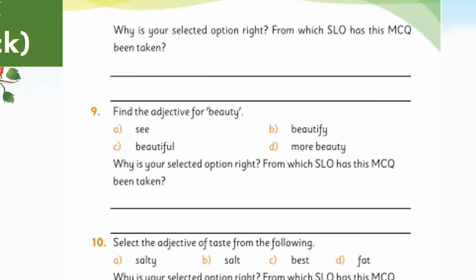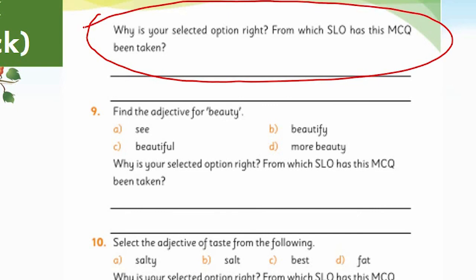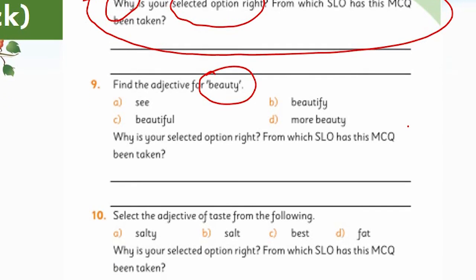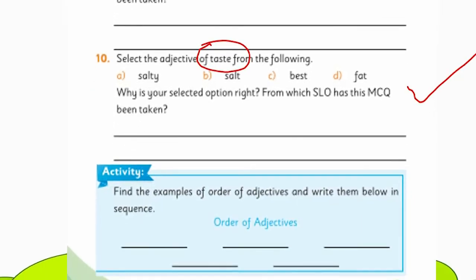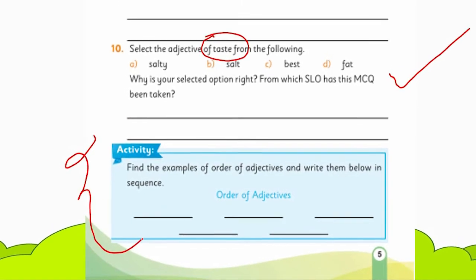The next one is why. Here you also have to mention why you selected the option. The next one is find the adjective of beauty. You have done it. Select the adjective of taste. We have done it. And in the last, here is the activity.